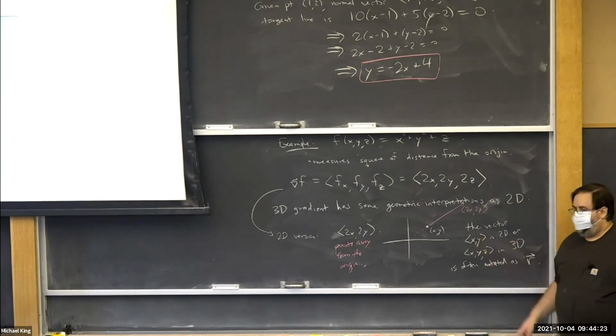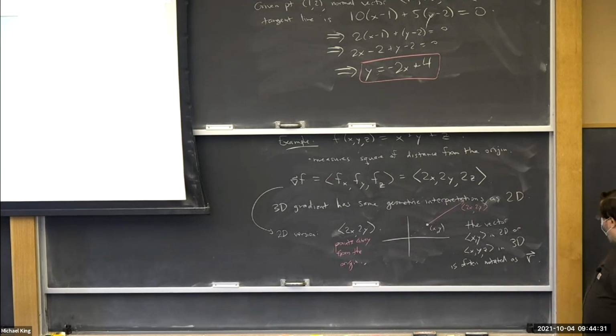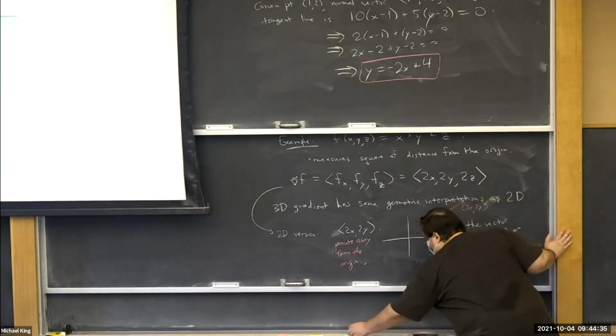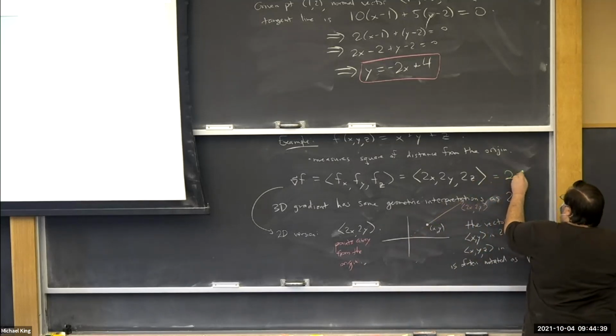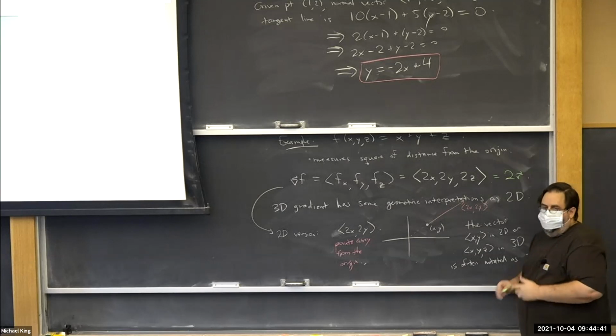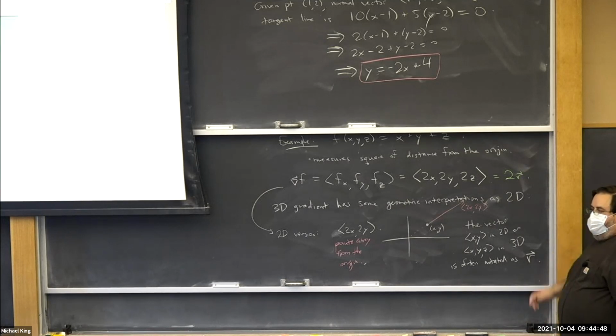So r is x comma y. It's like a radial vector. We're going to see this more and more. I could write this as 2r if I wanted to. And r is just a vector pointing directly away from the origin. So if you wanted a vector pointing directly towards the origin, you'd use negative r.